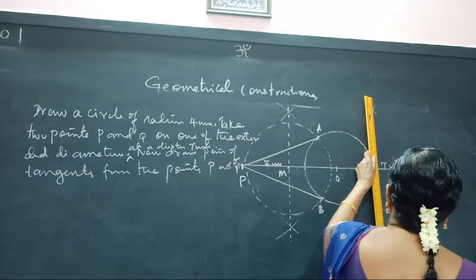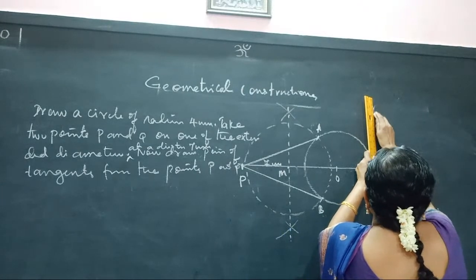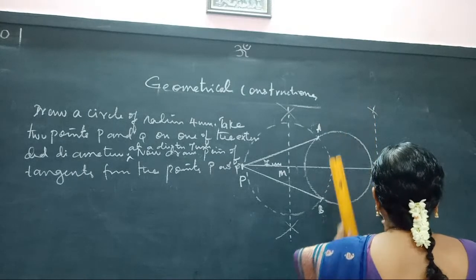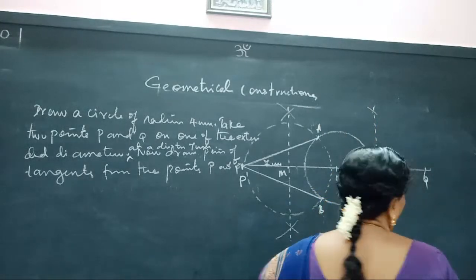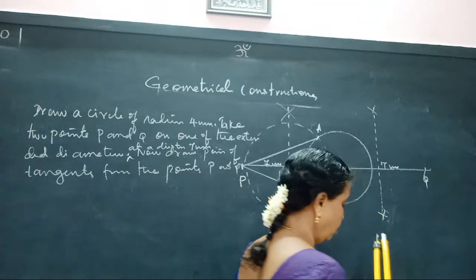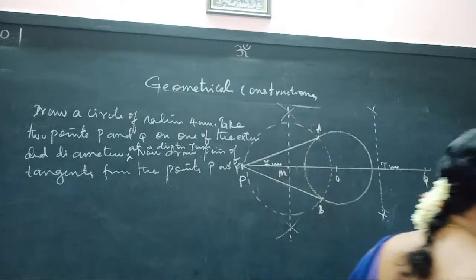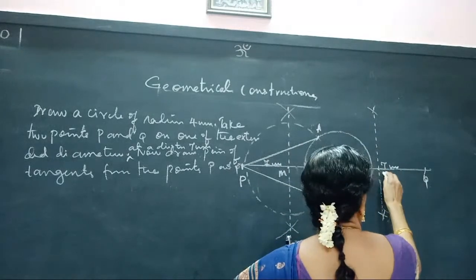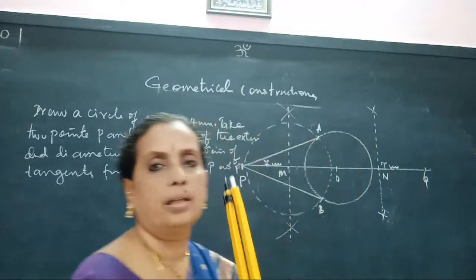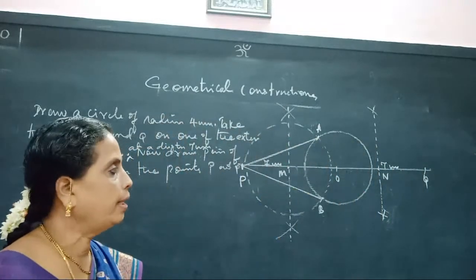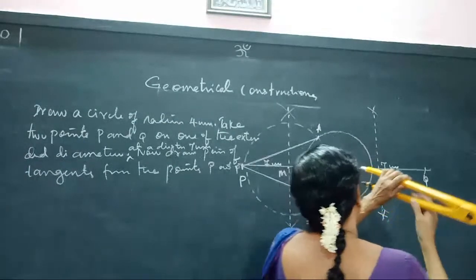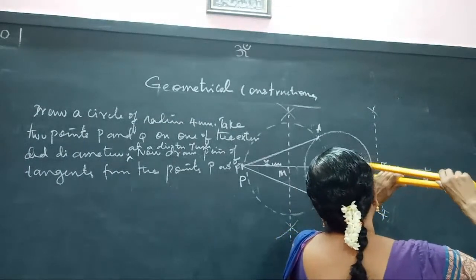That is, the first part is the construction of the perpendicular bisector. Draw the perpendicular line. Now you get an intersected point at N. Now with N as center, ON as radius, draw another dotted circle.